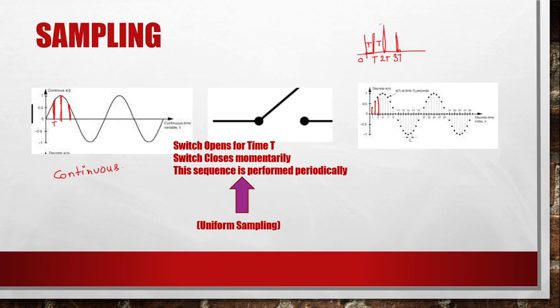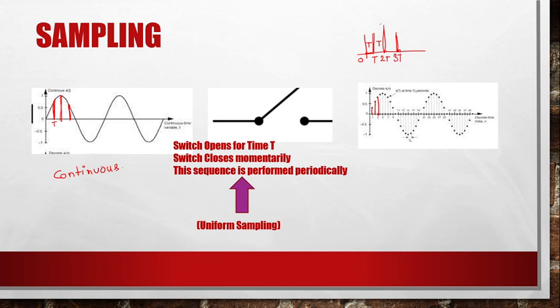This t is the off duration, the duration for which I am cutting off the signal from the system. Now I am getting certain sequences, not a continuous thing, and this phenomenon is known as sampling.